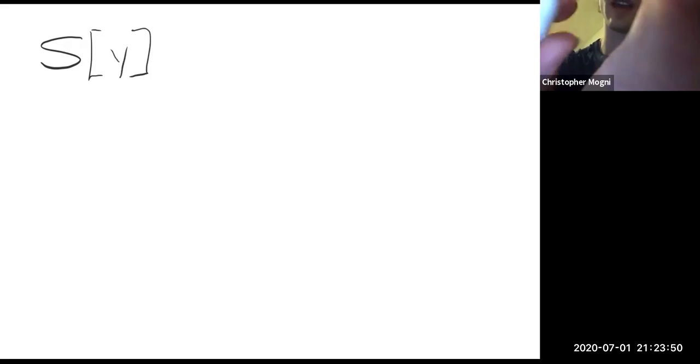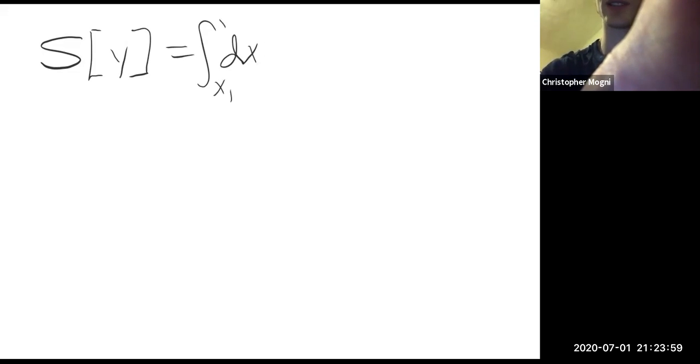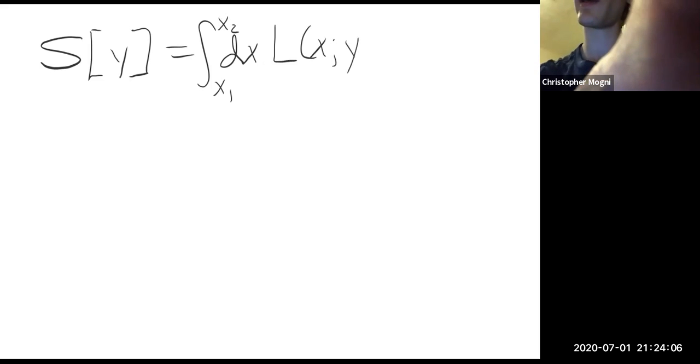So here's what you've learned so far. If I have some functional, something which depends on a function y, it can be defined like this: as an integral from x1 to x2 of some argument which depends on x, and then y, which is a function of x, and its first derivative.